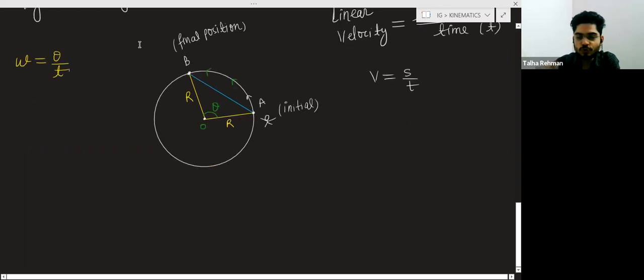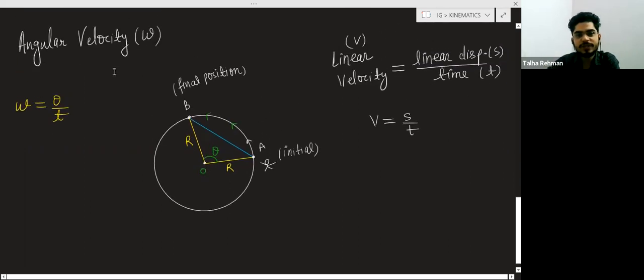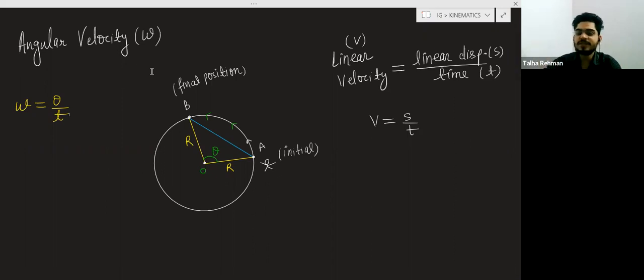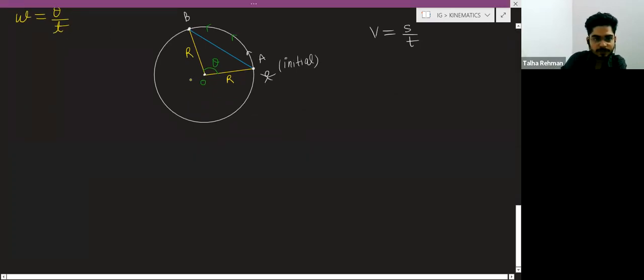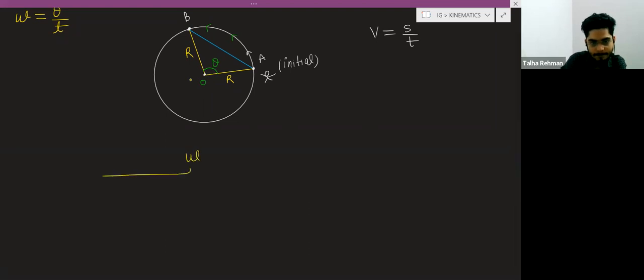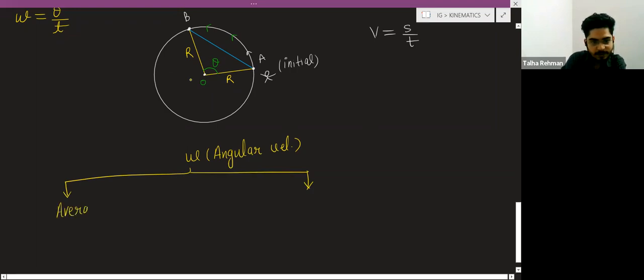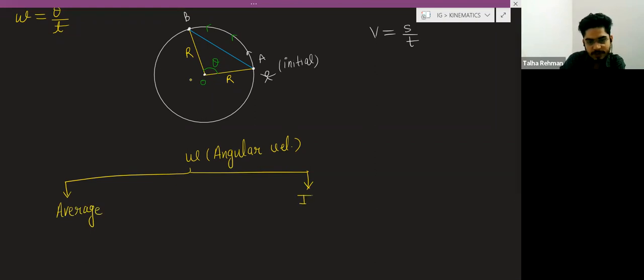Two ways to calculate the angular velocity, like in a straight line, velocity is of two types: average and instantaneous velocity. Your omega is your angular velocity, and it can be measured as average angular velocity and instantaneous angular velocity.